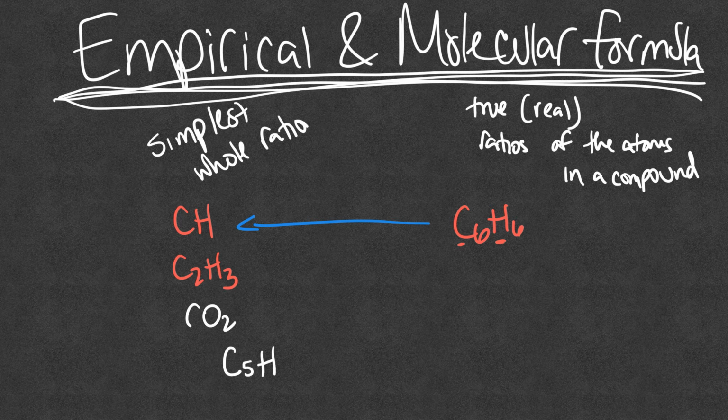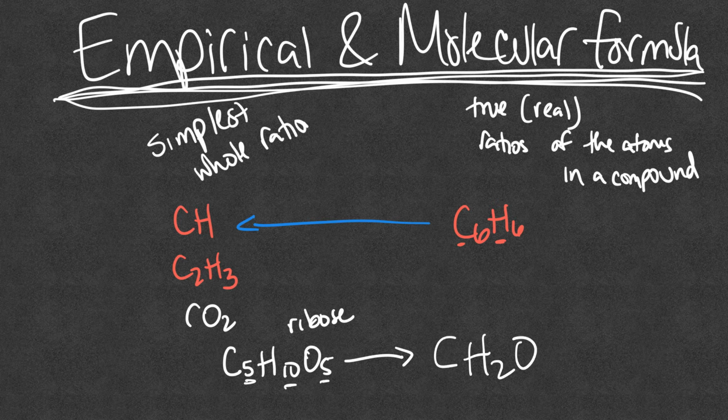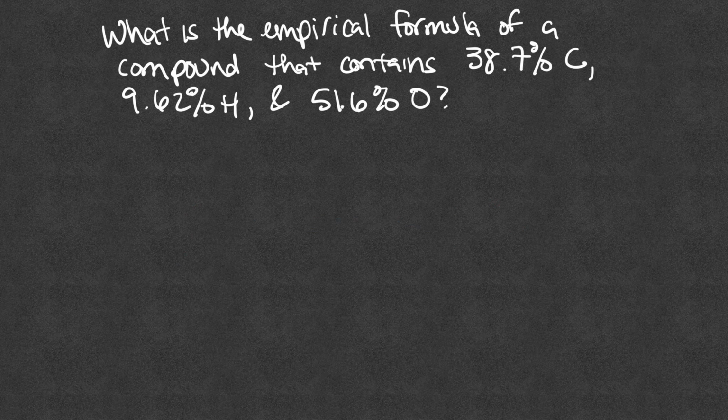If you want to know the empirical formula, it's going to be CH2O. And if you notice, this is the simplest whole number ratio. How we did that: we divided each one of the subscripts by 5. You get C1H2O1.